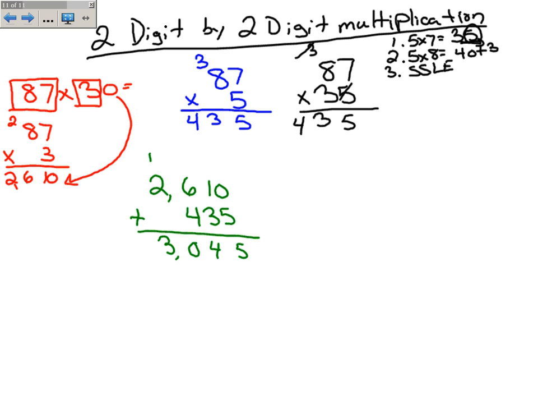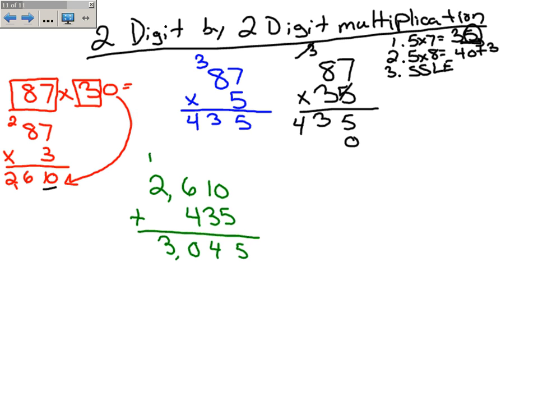Now, when we do that, we have that 0 hanging at the end of 30 that we need to put at the end. So scratch, scratch, lay an egg. Scratch out what we don't use and put the 0 at the end.